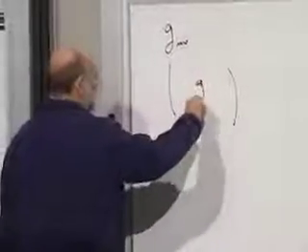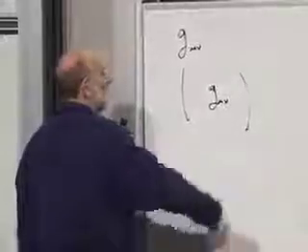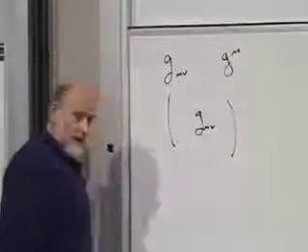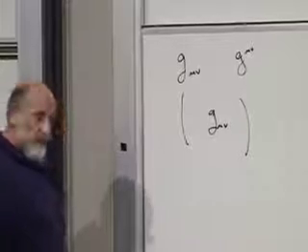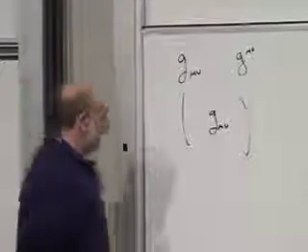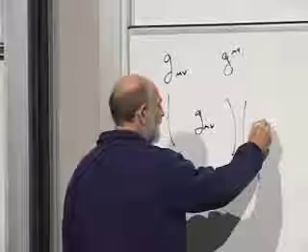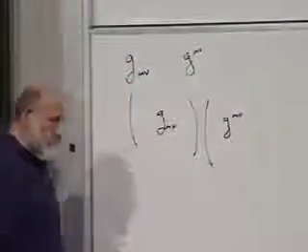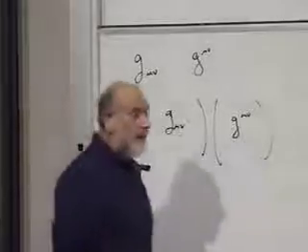This matrix is G mu nu, and G mu nu with upper indices is also a matrix. It's the matrix of entries with upper indices. But the matrix with upper indices is simply defined as the inverse of the matrix with lower indices.